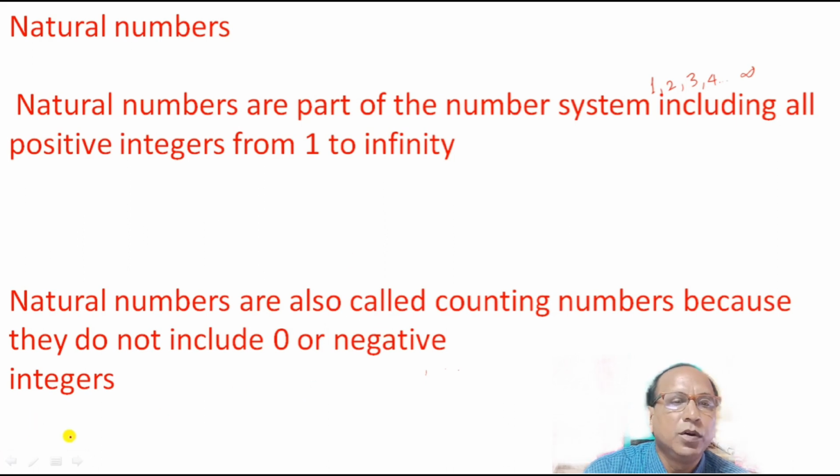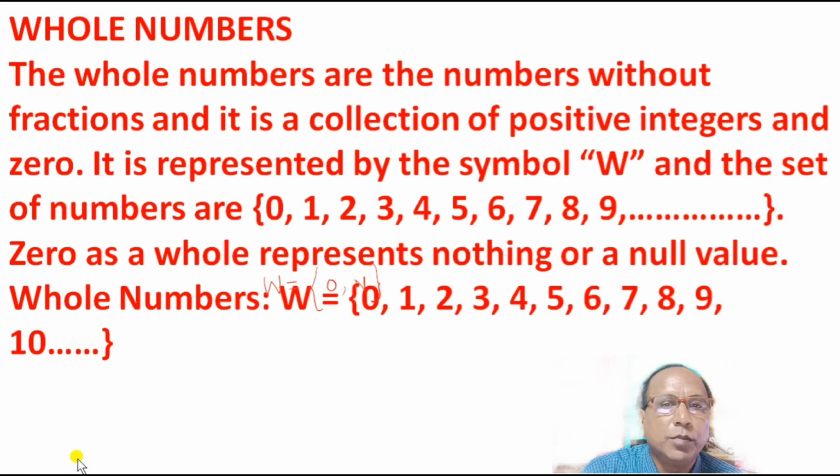The next point to discuss is whole numbers. What are whole numbers? The whole numbers are the numbers without fractions and it is a collection of positive integers and 0. It is represented by the symbol W and the set of numbers is 0, 1, 2, 3, 4, 5, 6, 7, 8, 9 up to infinity. 0 as a whole represents nothing or a null value.